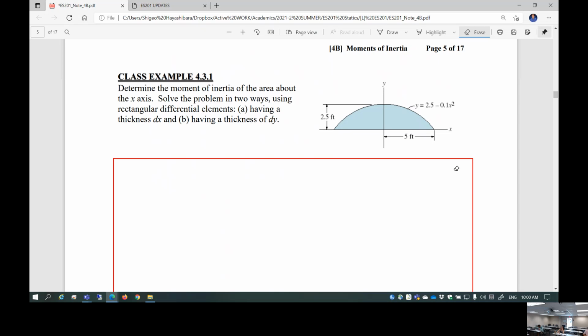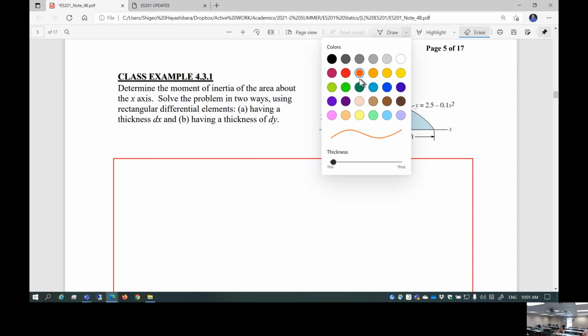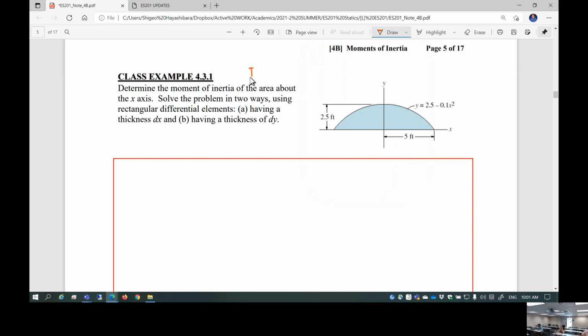So what you need is Ix, isn't it? You can determine it two ways: A, having a thickness dx, and B, having a thickness of dy. So you can integrate in x direction or you can integrate in y direction.